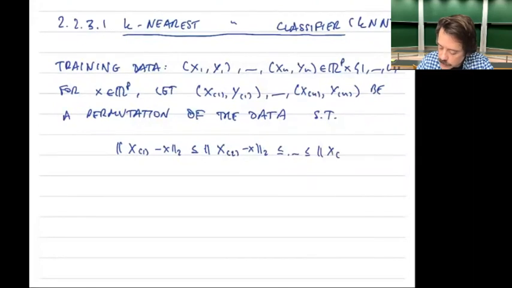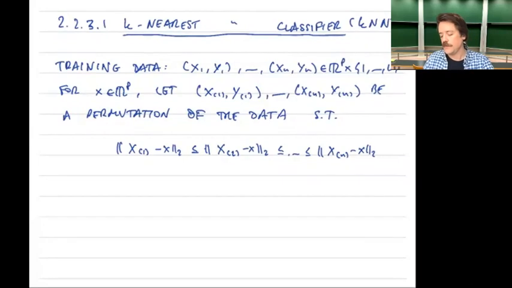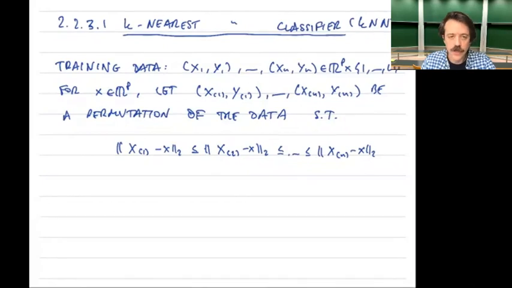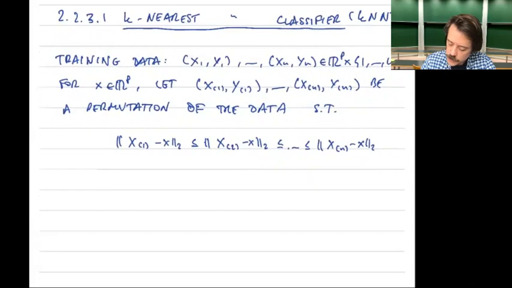So what we've done essentially is to order them according to how far or close they are to the x. Maybe I will add this in the remark later.